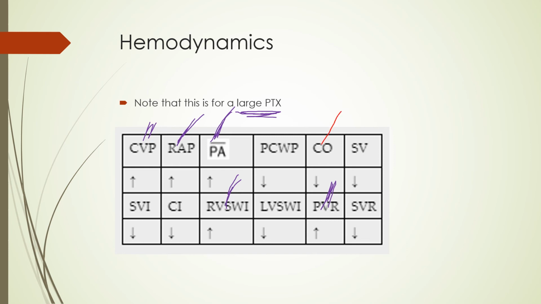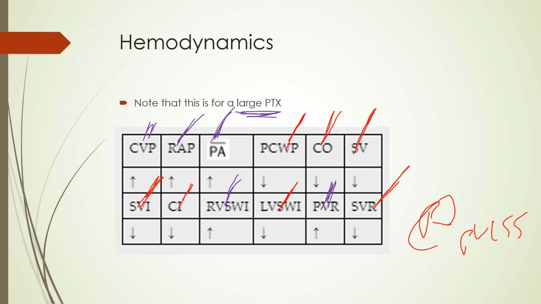When I'm looking at cardiac output, pulmonary capillary wedge pressure, stroke volume, systemic vascular resistance, left ventricular stroke work index, cardiac index, stroke volume index, right? So when I'm looking at all my right-sided heart pressures, they're going to be decreased because what's happening to my blood return to my heart?